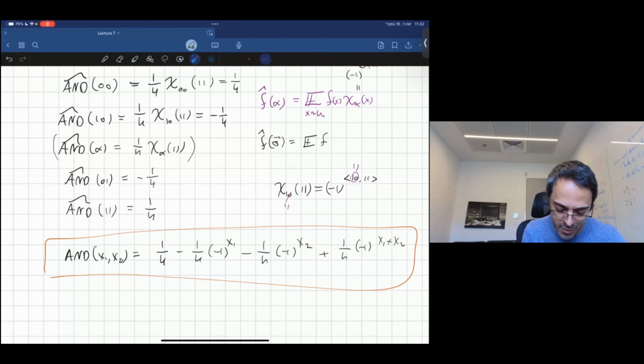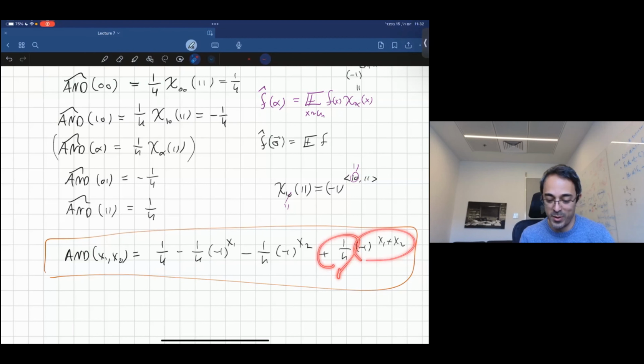The AND of 2 zeros is zero. And for example, the AND of 2 ones. So if you put 1 and a 1, you get a quarter plus a quarter, because it's 2 minuses, plus a quarter, plus a quarter. Because 1 and a 1 gives you 1 here plus a quarter. So it's a 1.